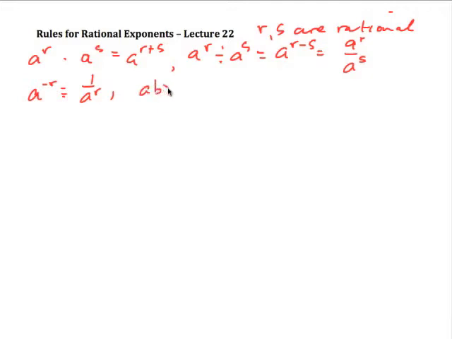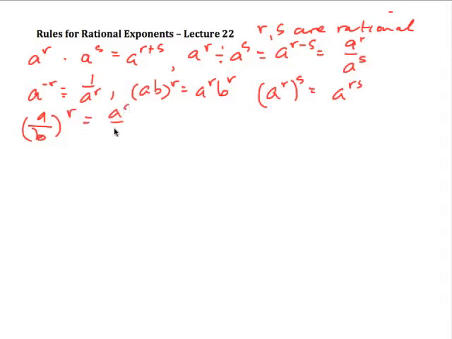We have ab to the r is going to be a to the r b to the r. We're going to have, of course, a to the r to the power of s is going to be a to the r times s. And of course, if we have a over b to the r, we get a to the r over b to the r. Okay, so let's do some examples of this.